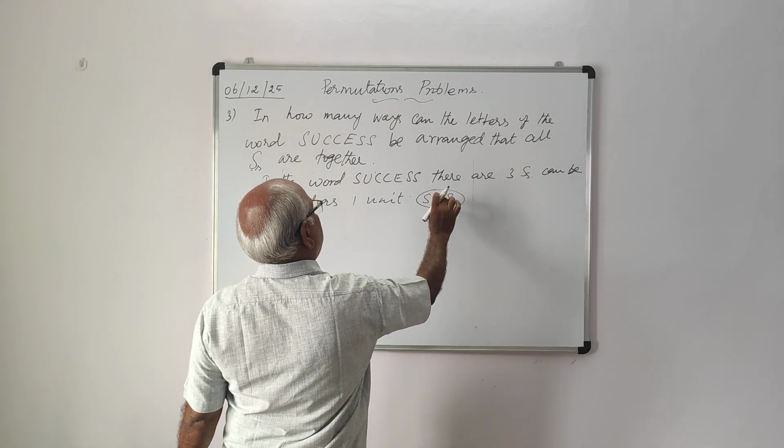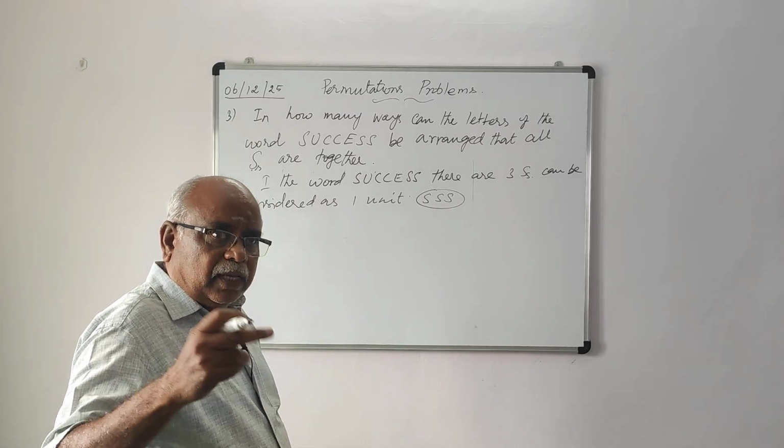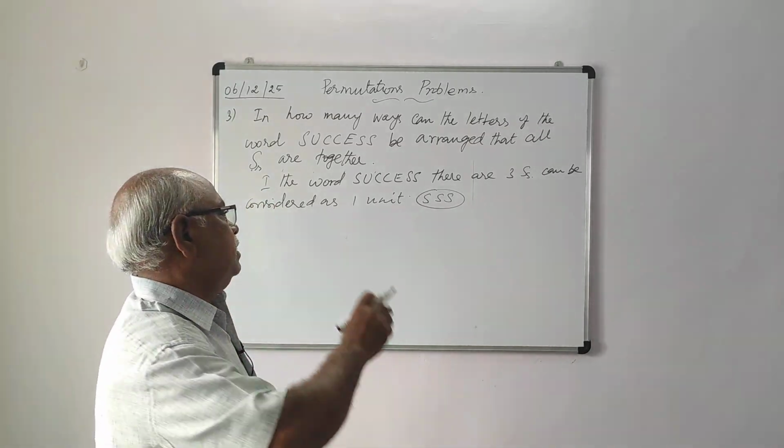The remaining 4 letters plus these 3 S's together as one unit give 5 places.